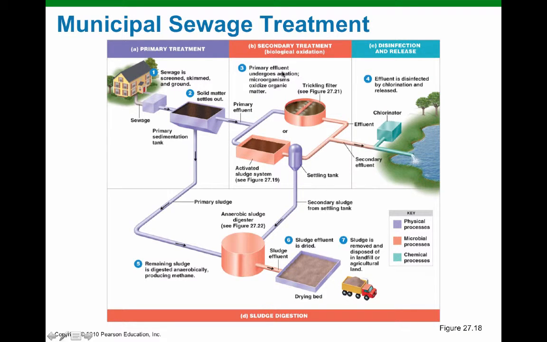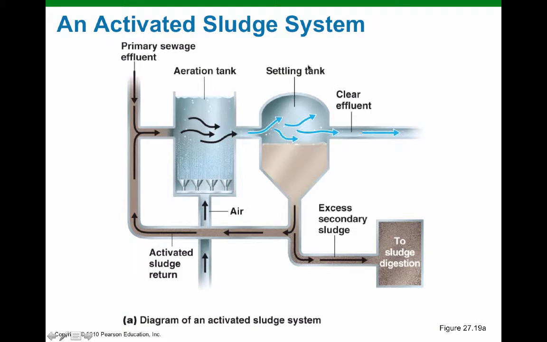It will undergo aeration and microbes will oxidize the organic matter. And then you have this last stage where it undergoes disinfection, chlorination, and you end with drinking water. I would like you guys to remember that it's really the secondary treatment phase where the majority of the microbial processes occur, so the biological oxidation occurs.